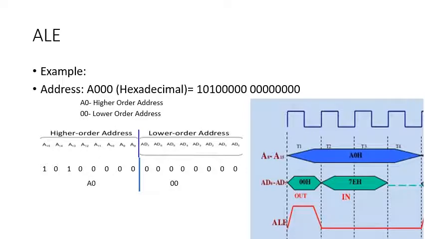So after the addresses have been fetched, it is now the duty of the microprocessor to get the data. As I have told, the ALE signal is going to be high only during the first clock cycle of every instruction. As the ALE signal goes high, we know that the multiplexed address bar data line is going to act as address lines alone.